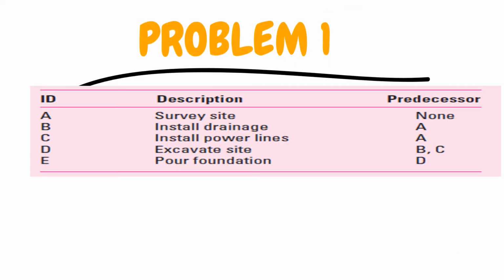So let's start by drawing a project network diagram. Here the first activity, as you can see, is activity A, and it has no predecessor.